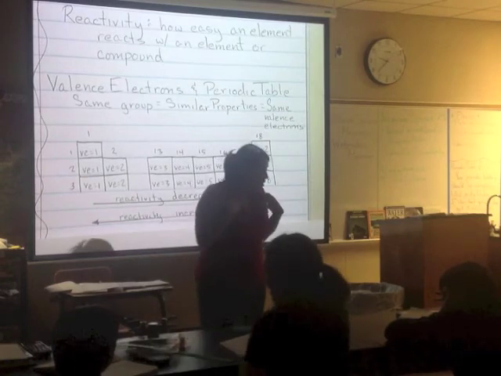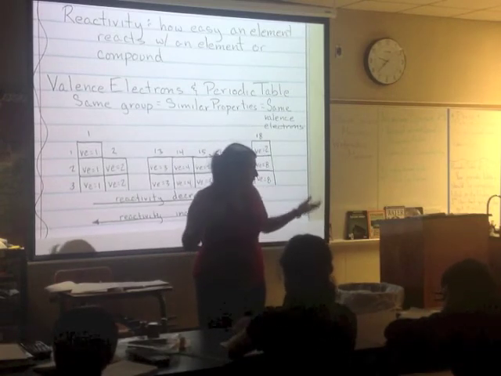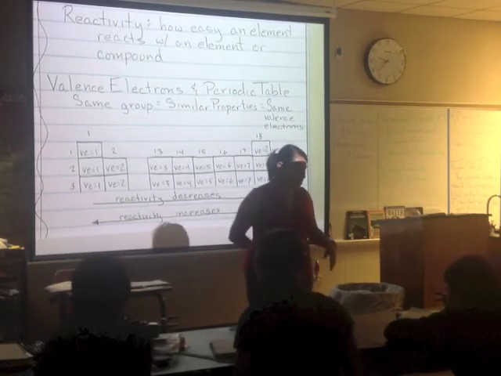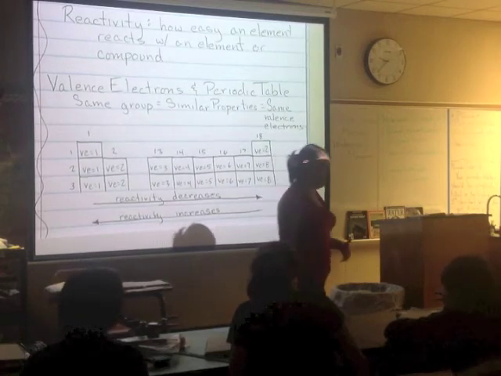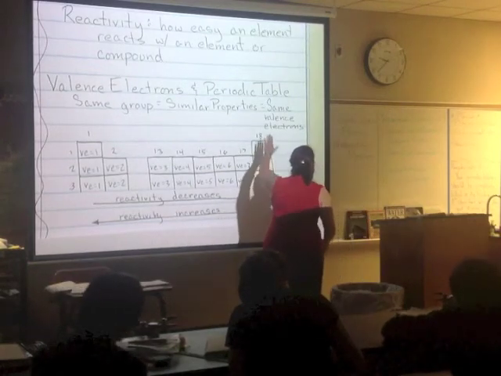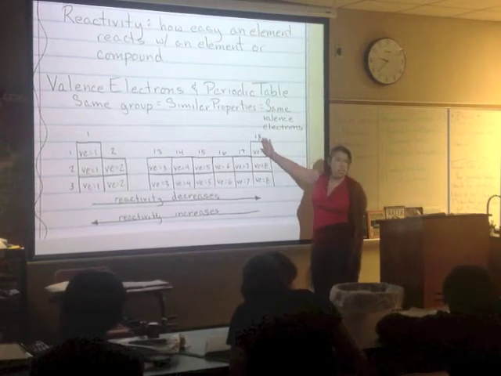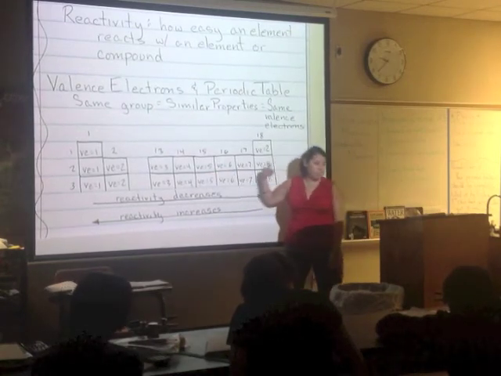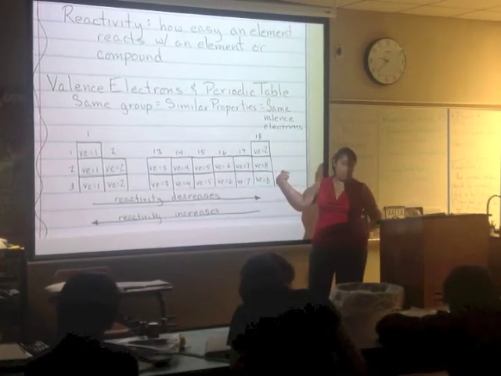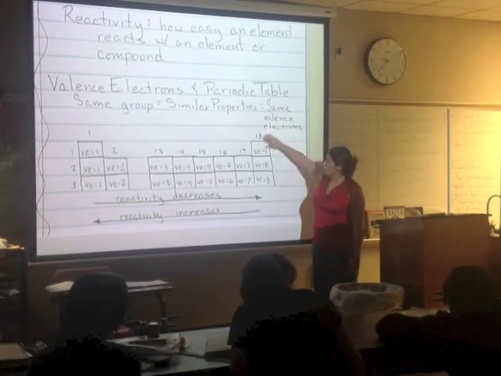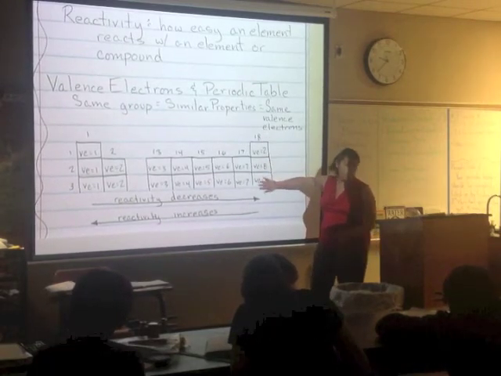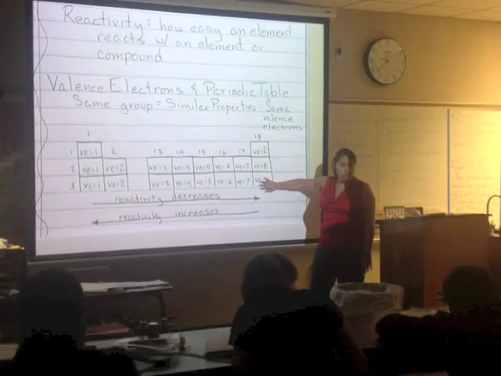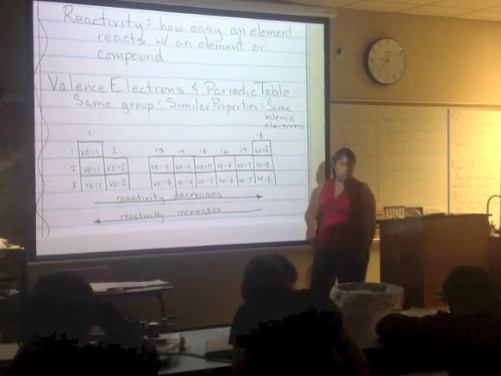Because they think they're better than them, right? They're nobility. They have money, and they're not going to go hang out with a peasant. So think about these as the kings and queens. They don't want to mix with anyone else because they're better than everybody else. Or they think they are. So these are called the noble gases because they don't mix with anyone else. They're stable. They don't need to.